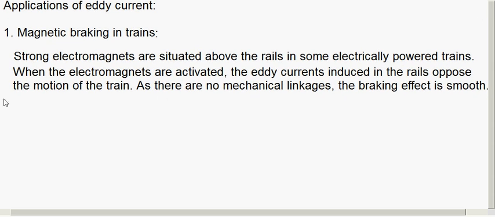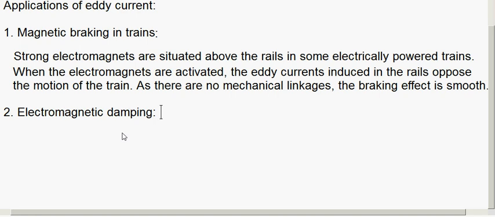It's asked to write 2. We can write another one. It's used in electromagnetic damping. Regarding damping, we have learnt in the previous case how, due to eddy current, the damping takes place and slowly the oscillation stops.